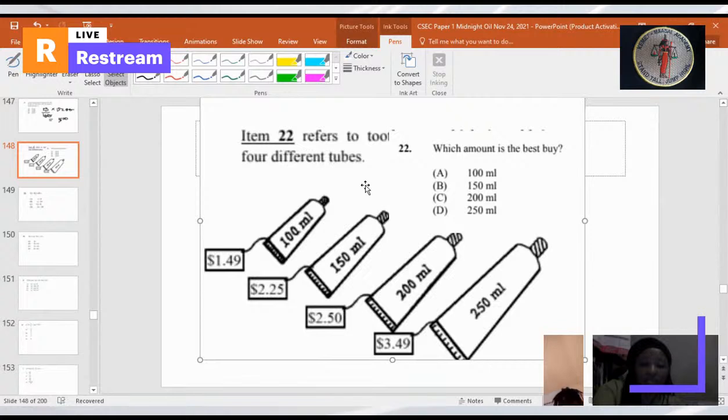The 200 milliliter at $2.50, and the 250 milliliter at $3.49. All right, so how are we going to work out the best buy?